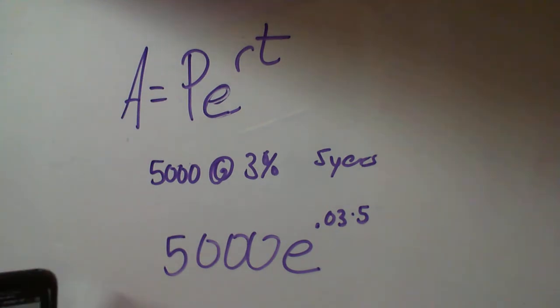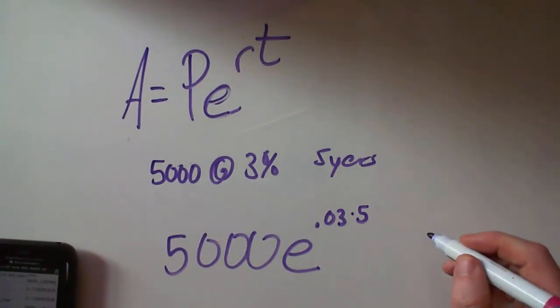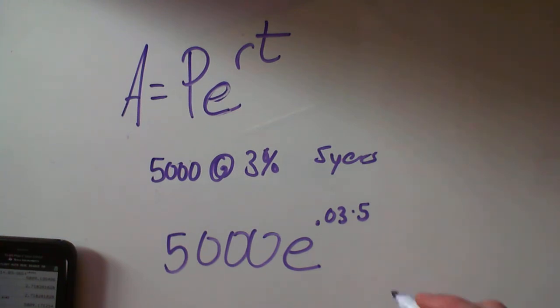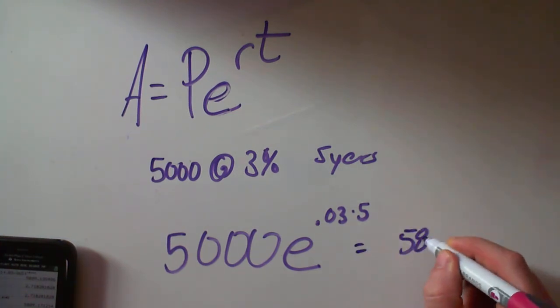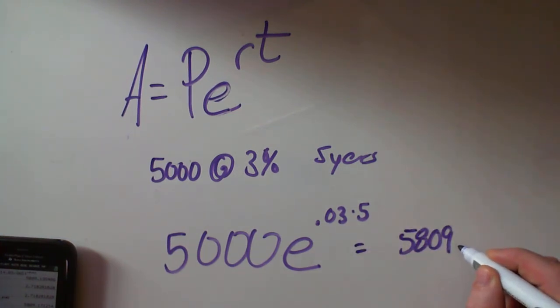And we get $5,809.17, which is very similar to what we got at 365, but that is the absolute best you can do.